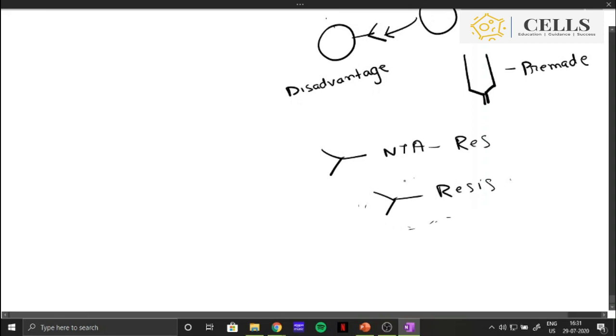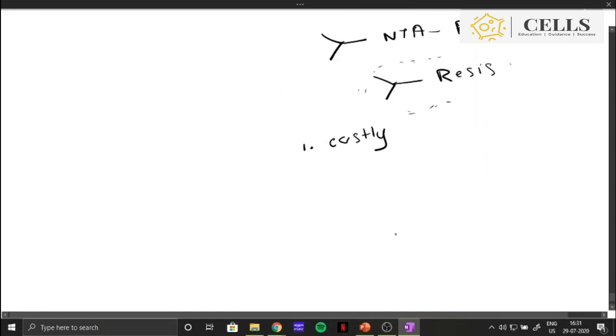Firstly, antibodies are very costly. Secondly, antibodies do not always bind to resin.